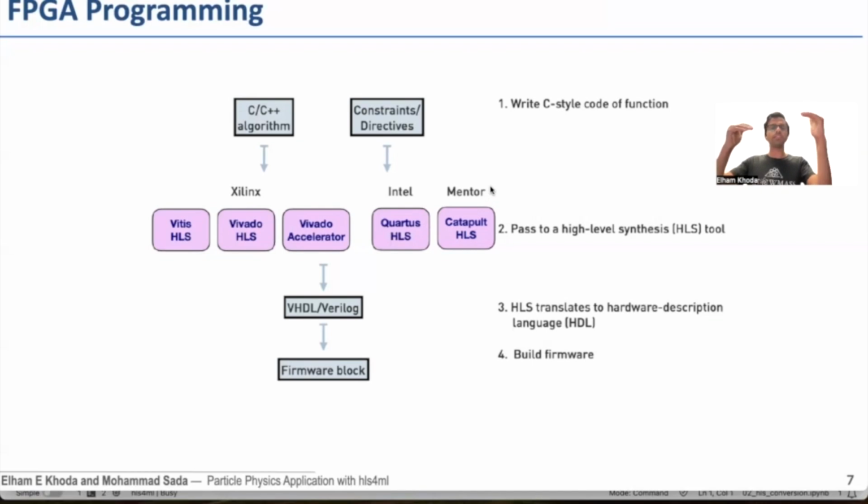First step, the C++ code gets compiled and produces VHDL and Verilog code. And once you have this VHDL and Verilog code, that is already the native way of coding your instructions for an FPGA. So you have to take that VHDL and Verilog code and compile it again to produce the framework block that you will be implementing on the FPGA. So there are two sets of compilations, and we'll see an example shortly to do the first few steps.